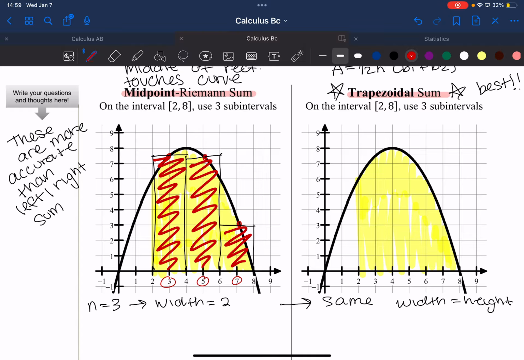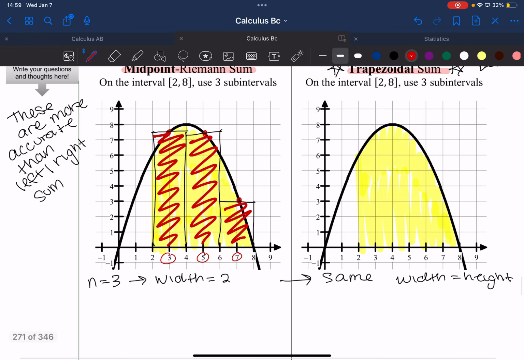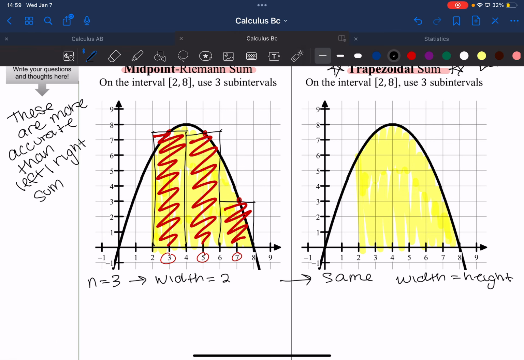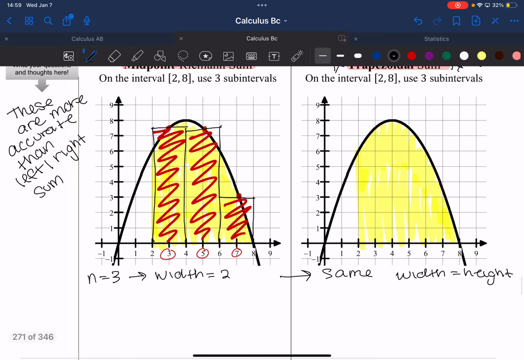Okay, so notice this one had pretty good coverage. Okay, it's not too far outside of the curve, and it almost has covered the majority of the yellow. Okay, but again, it's still going to be an approximation. So we're still doing area of a rectangle, so this is going to be area is equal to 2 times f of 3 plus 2 times f of 5 plus 2 times f of 7.